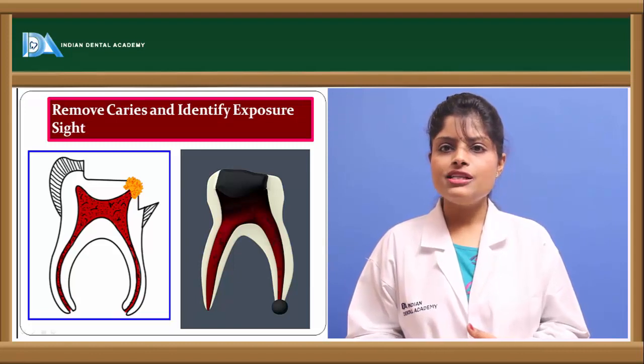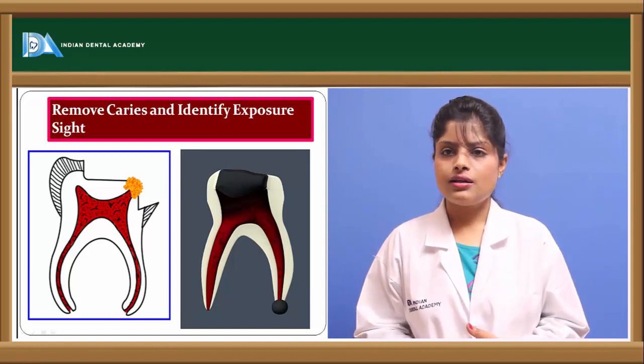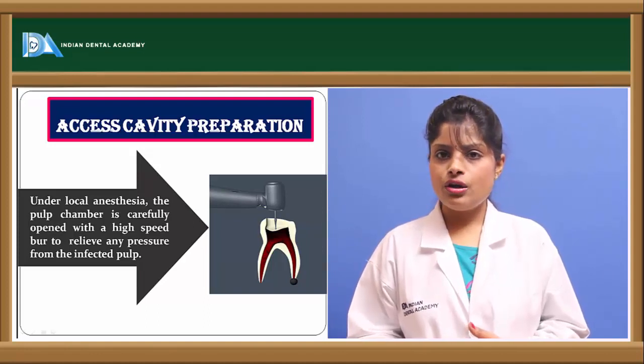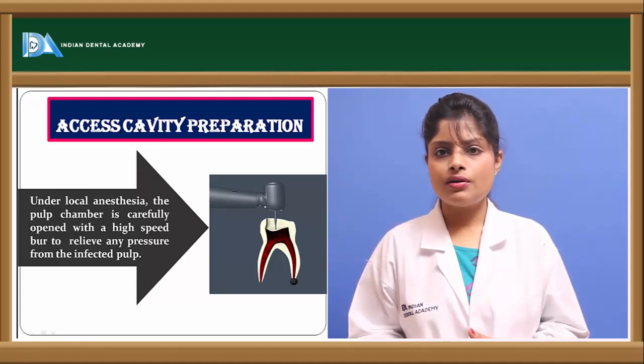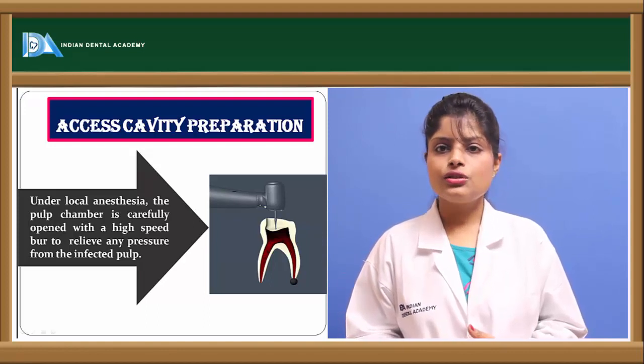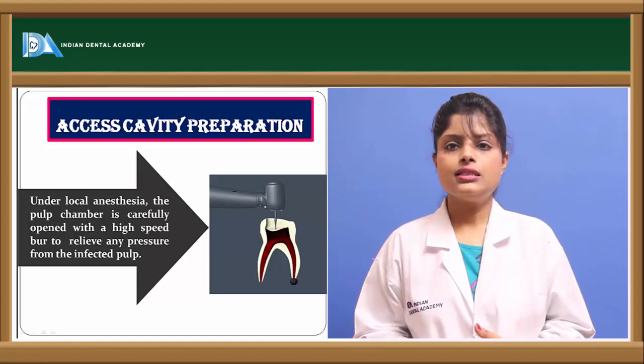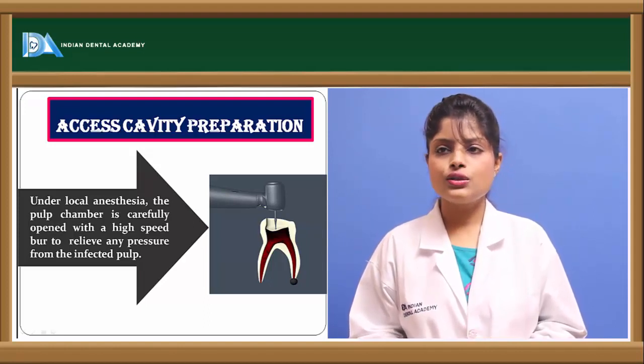Then the pulp chamber is identified and opened. We should be careful while opening the pulp chamber not to touch the floor of the pulpal cavity, and this portion should be done in slow motion.